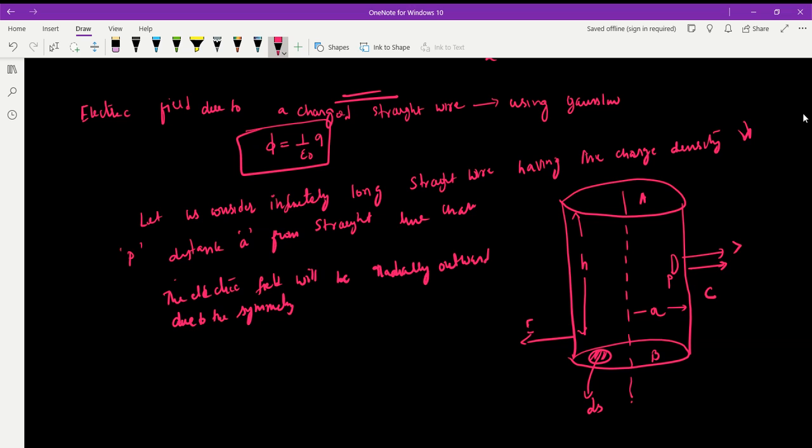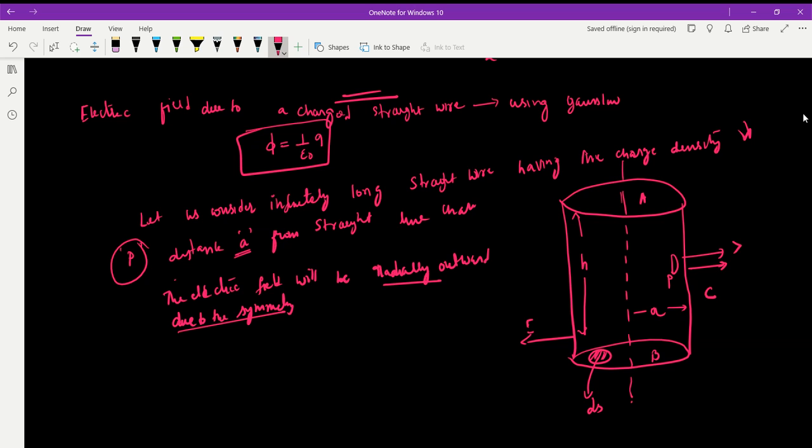So by assuming all these, P is at a distance a from the center of the straight line, and the electric field we have assumed is radially outward due to the symmetry. Now if we consider these assumptions and draw the Gaussian cylinder, it looks like this for a straight uniformly charged conductor.